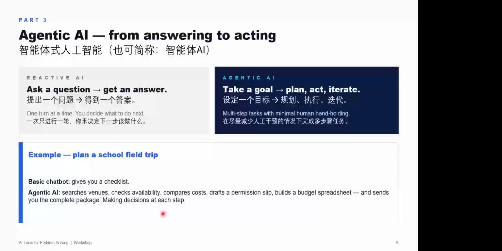It's actually replacing the human agent. Instead of hiring a human agent to search for a venue and check availabilities, you use agentic AI, which is the AI agent, to do it. So this is what agentic AI is about.